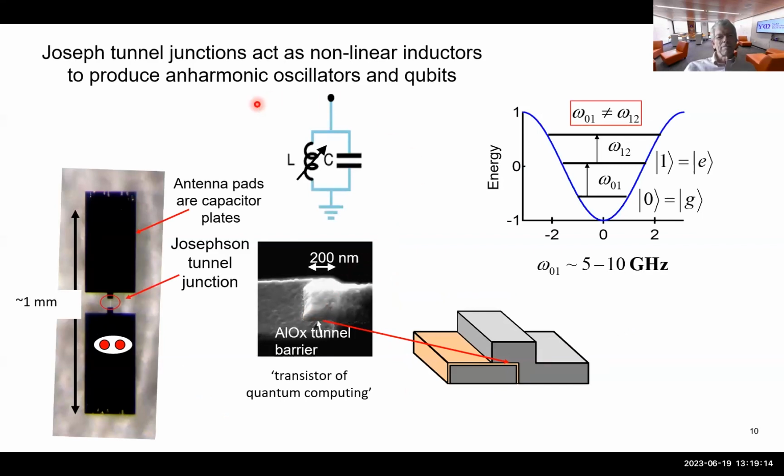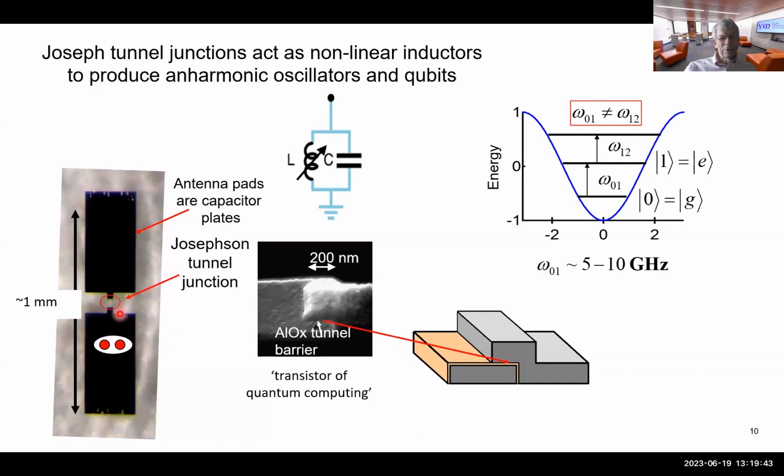Okay, so where do we get this anharmonicity? It comes from using a Josephson junction. So here you see a piece of sapphire and a little dipole antenna, whose two halves are connected by a Josephson tunnel junction. This is a large object visible to the naked eye, about 1 millimeter in size.